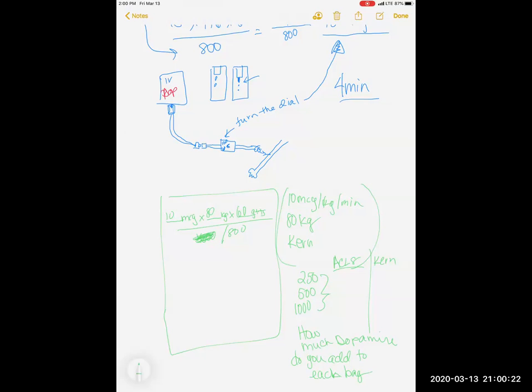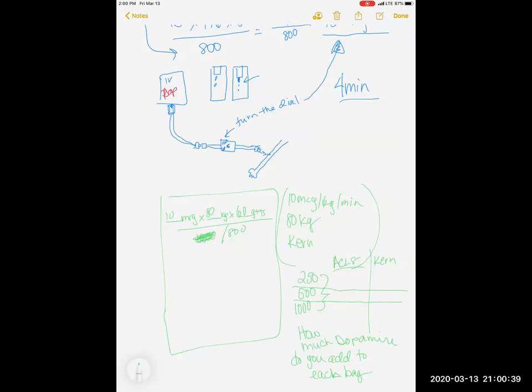Okay, so you've got to know that. So basically our vials are 400 milligram vials. So you'll need to know, the easiest one to start with is this 500 bag.